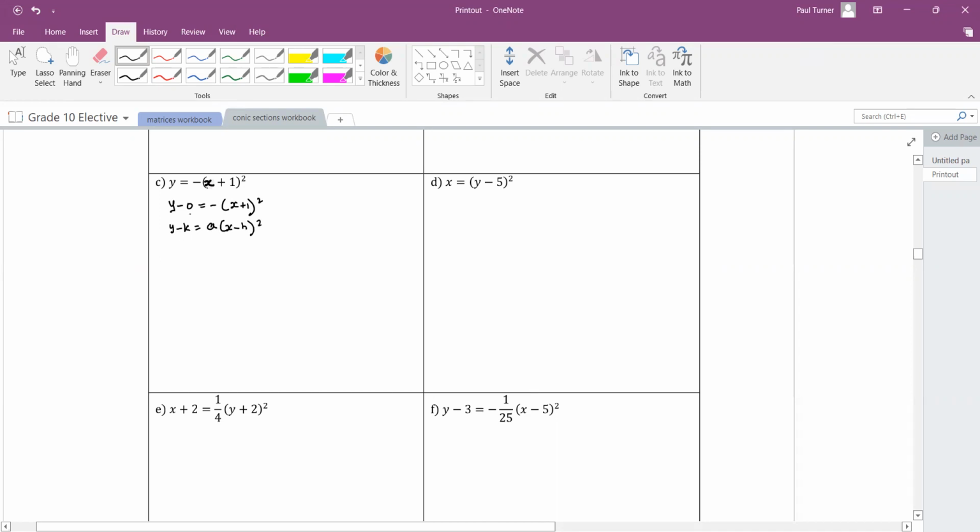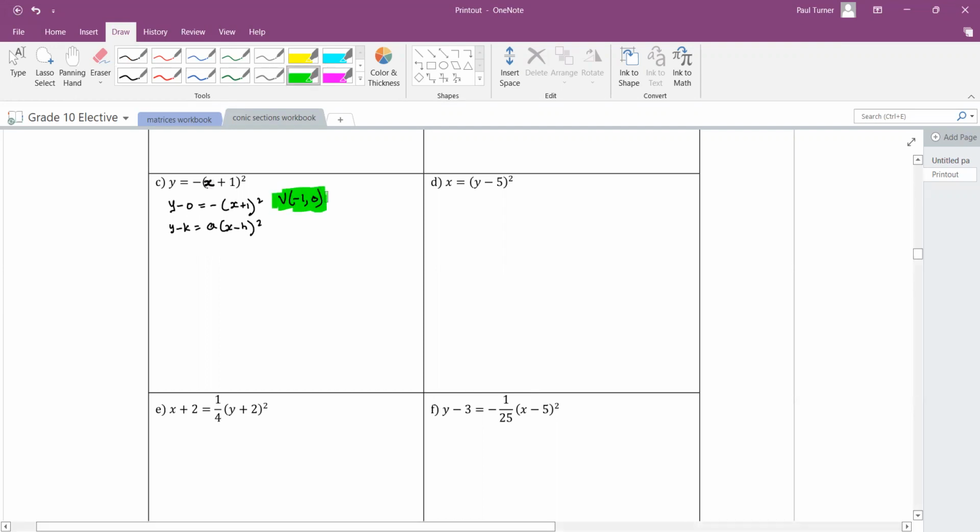So we can see here that k would be 0, but you need to be careful with the h, because our formula specifies x minus h, but you're given x plus 1. So in this case, the vertex is going to be h, which will be -1, and k, which will be 0. So that's going to be our vertex.